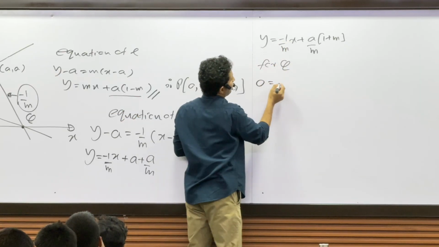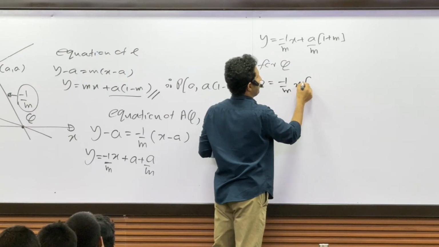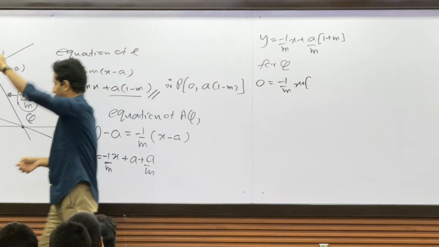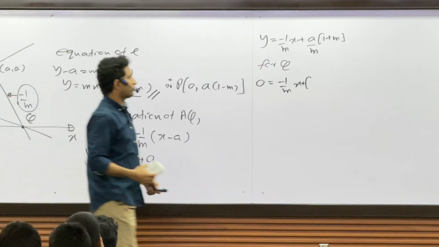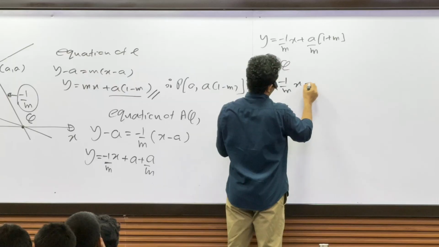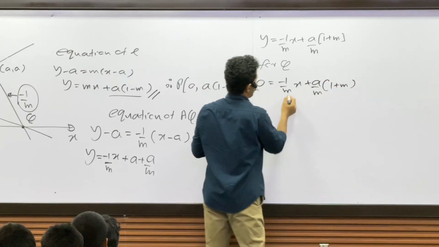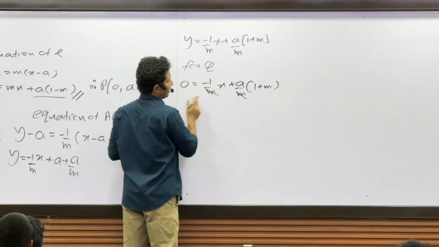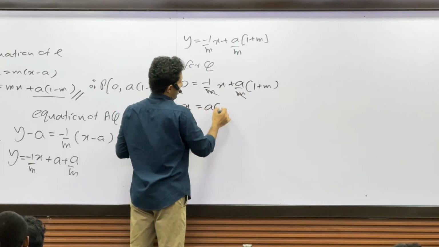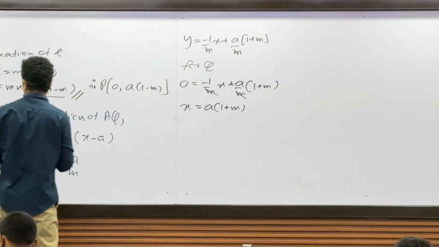So when y is 0, 0 equals minus 1 over m times x, plus a over m. See here that m and m cancel. When you multiply by m, then x equals a times 1 plus m. This is how you can find Q.